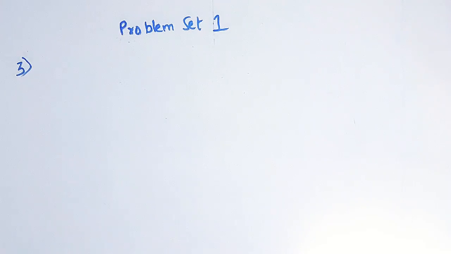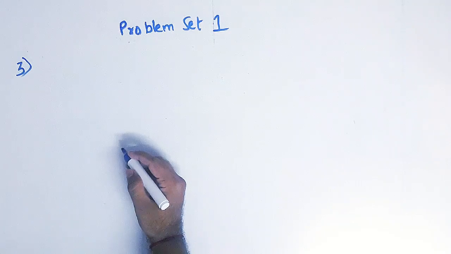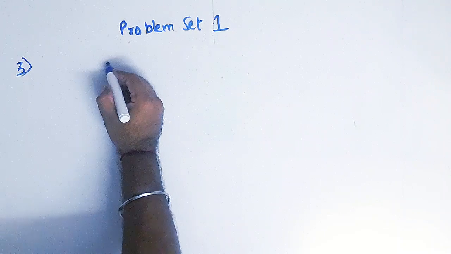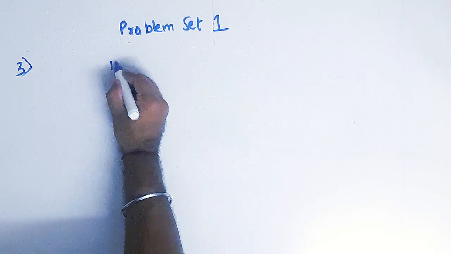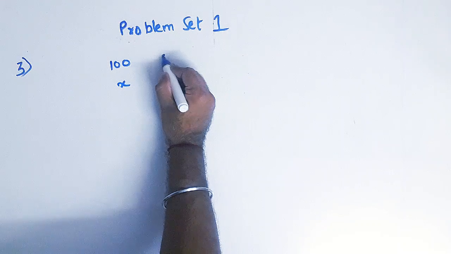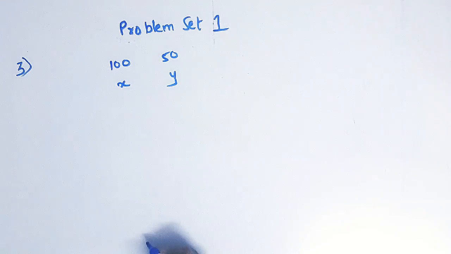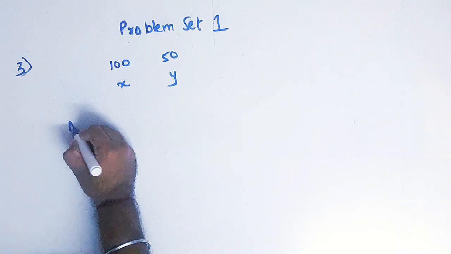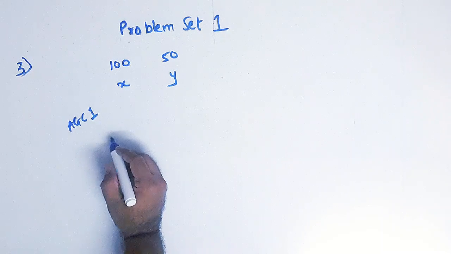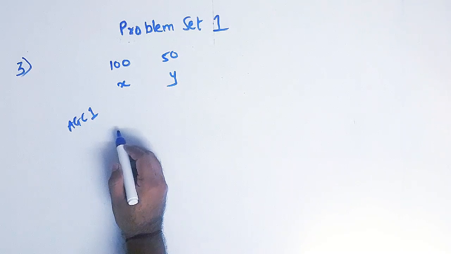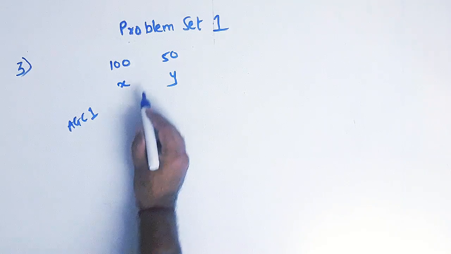The third one says that Anushka got 2500 from Anand, and she had x notes of rupees 100 and y notes of rupees 50. Getting equation 1 is very easy. She got 2500 from Anand in the denominations mentioned above.